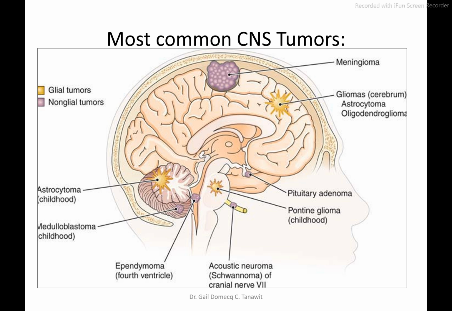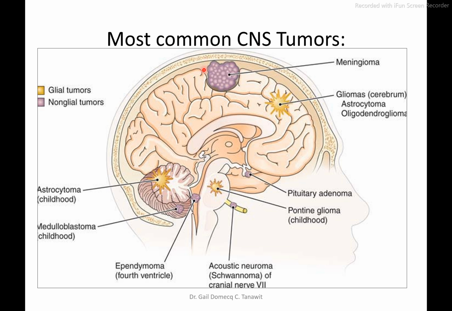But we have also the non-glial tumors, like coming from the meninges. We have the meningioma. Remember our meninges? We have the dura, arachnoid, and the pia mater. So yung meningioma, para lang siyang nakaupo. It sits, it's extra-axial, it's outside. So it would be arising from the meninges. Therefore, madali lang, it's resectable kung meningioma.